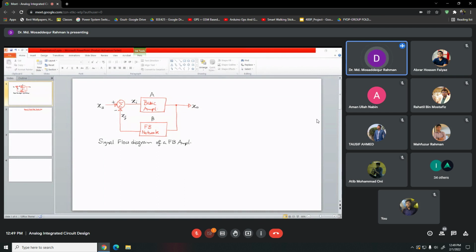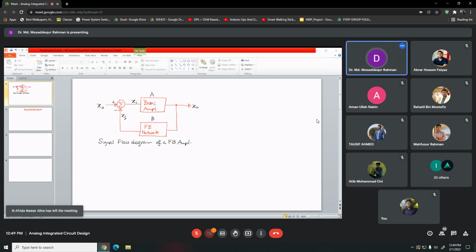And here is the gain. A is the gain of the basic amplifier, which is the output divided by the input signal, which is Xi. And beta is our feedback factor, which is the output of the feedback network XF divided by the output signal X naught. So that's known as the feedback factor, right?